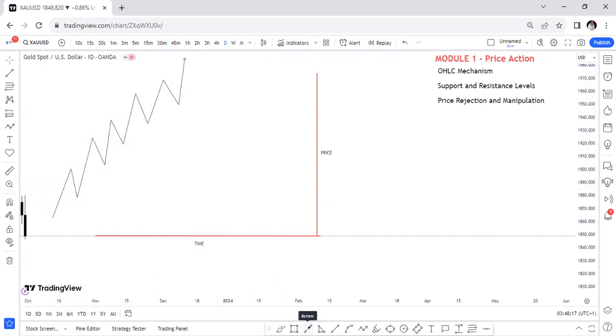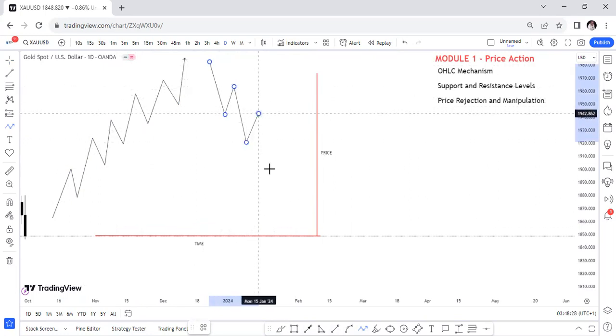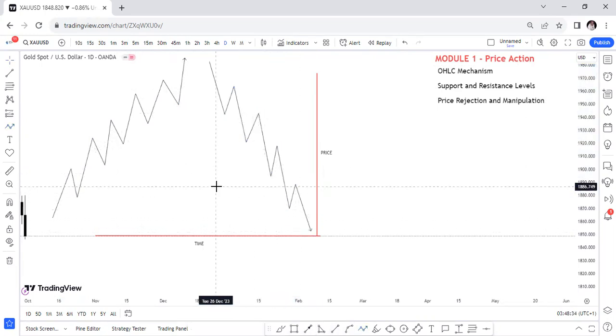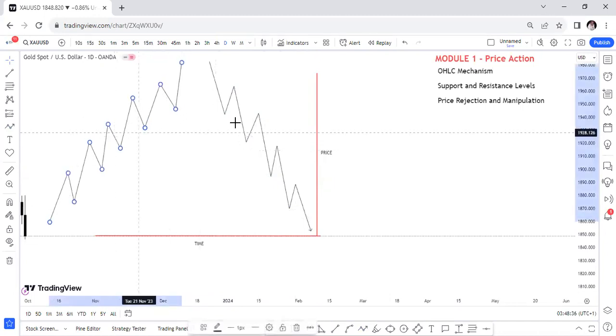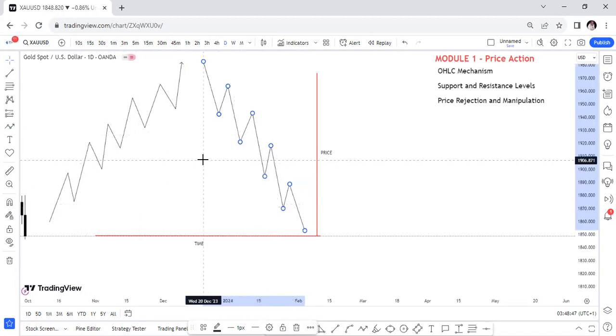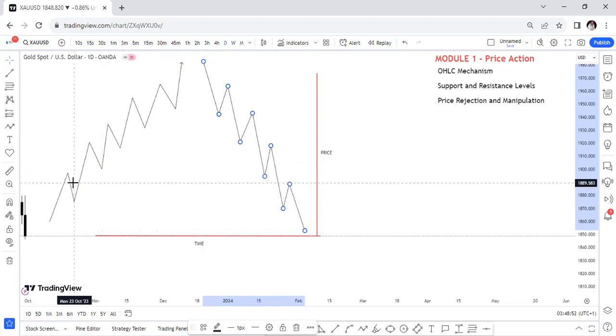For sellers, it means the falling down of market prices along the charts. So this is buying, this is selling. Selling is price falling below the demand level, while buying is rising above the supply level.